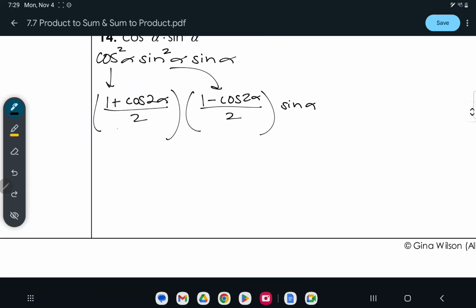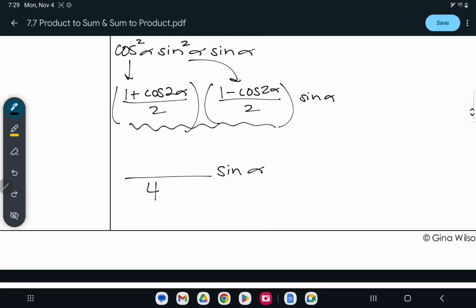All right, if I combine these into one fraction, my denominator is 4. And now I'm going to multiply the numerators. So you have to FOIL it out. So 1 times 1 is 1. 1 times negative cosine is just negative cosine 2 theta. And then I have plus cosine 2, and I said theta and I meant alpha. And then minus cosine squared of 2 alpha.